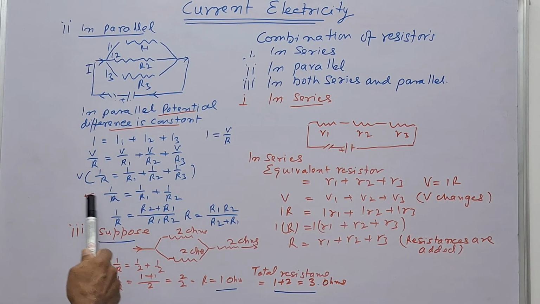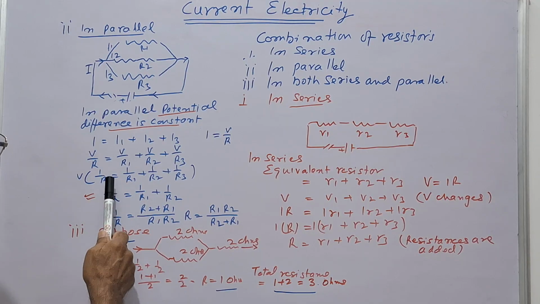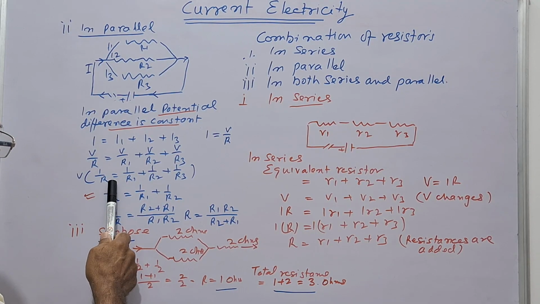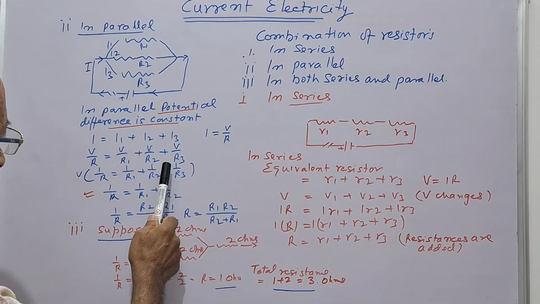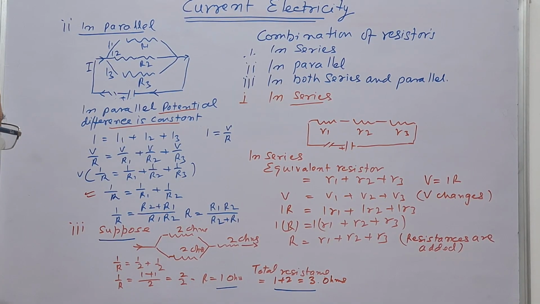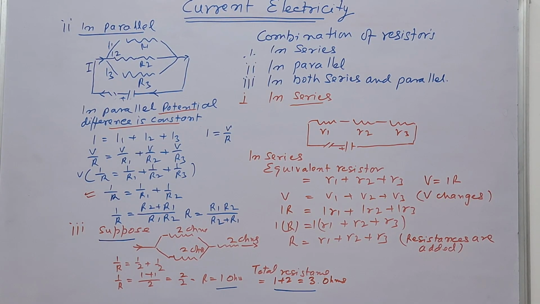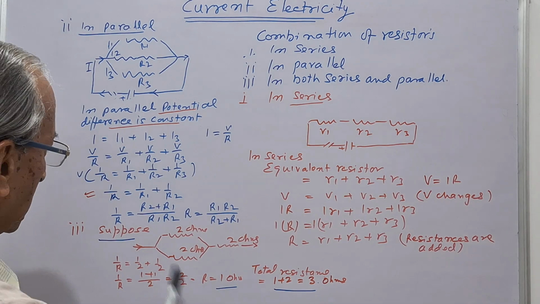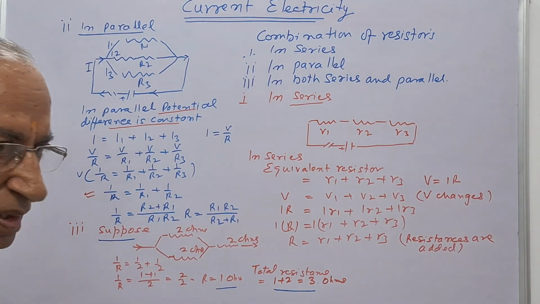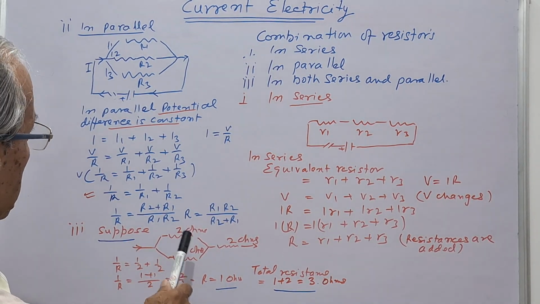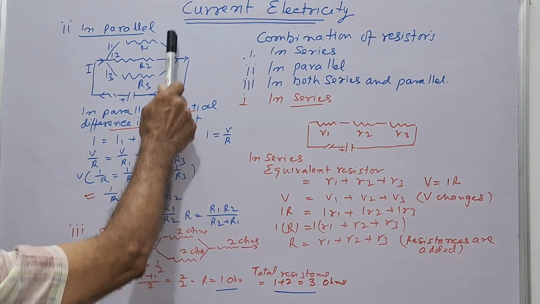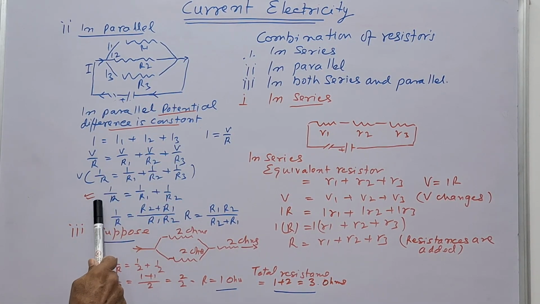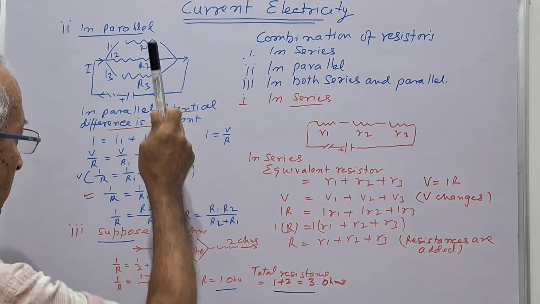Now here, if we take V as common, then 1 upon R is equal to 1 upon R1 plus 1 upon R2 plus 1 upon R3. In this case, the total resistance is the reciprocal, so the total resistance will be less than the individual one. Listen, in the case of parallel, the total resistance will be less than the individual one.